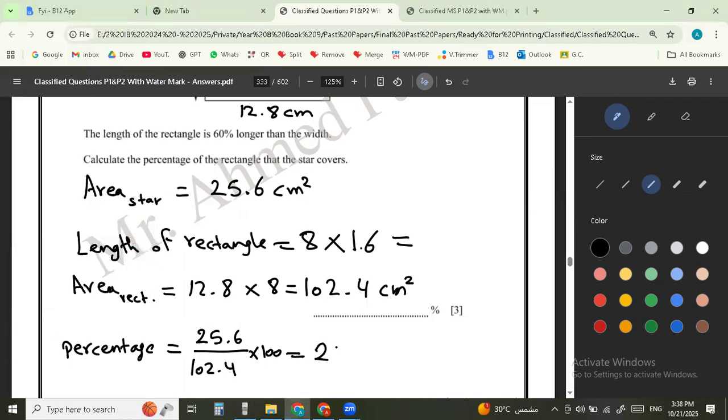So the star is covering 25% of the rectangle, and this is the answer. It is worth 3 marks, as you see, because it includes a lot of steps. All right, let's continue.